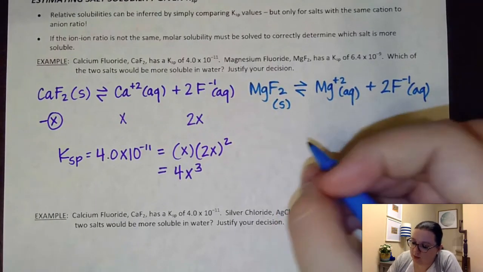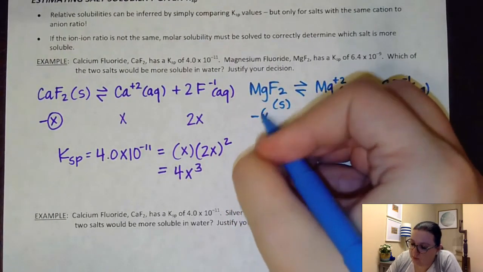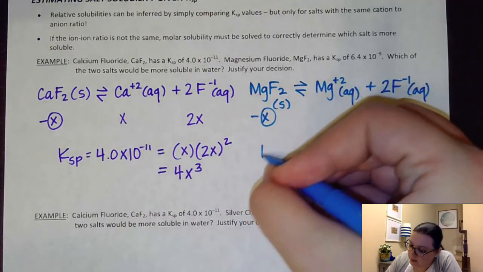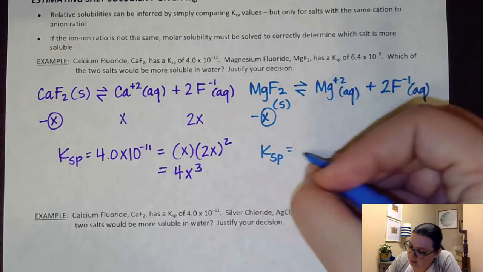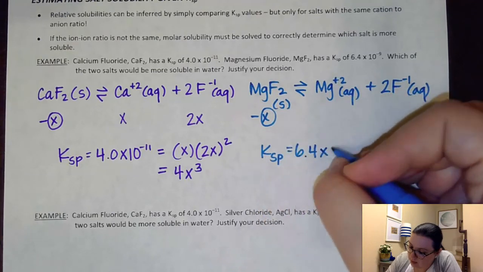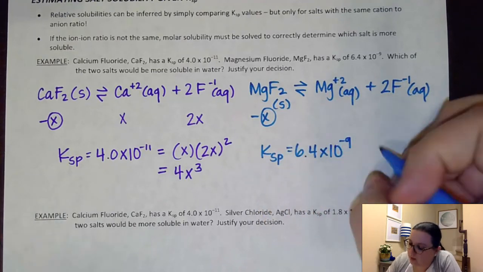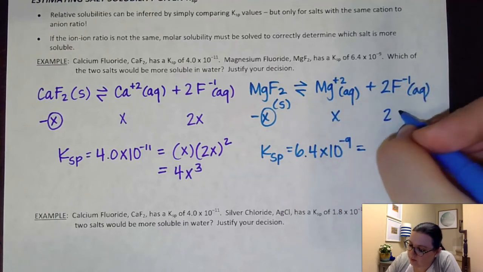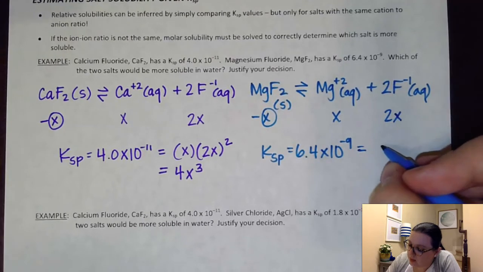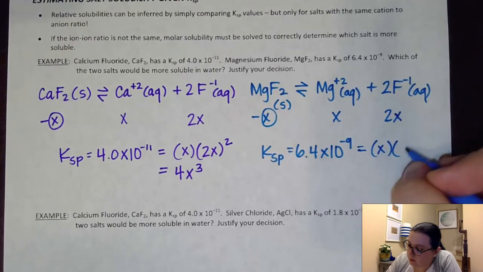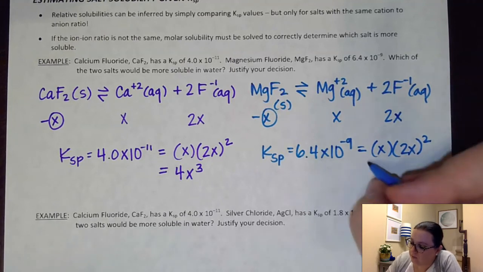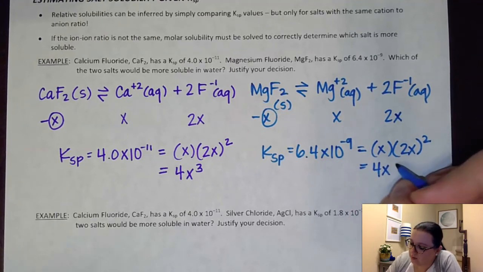Again, I'm trying to find that molar solubility so I can compare which one's more soluble. Here, the Ksp for this compound is 6.4 times 10 to the negative 9th. And so that would be equal to x for this ion, 2x for this ion, giving me 4x cubed.